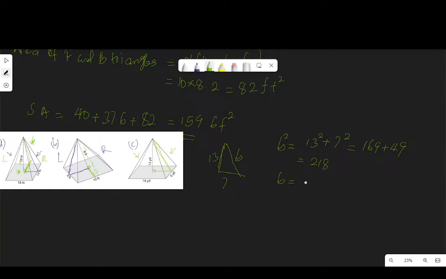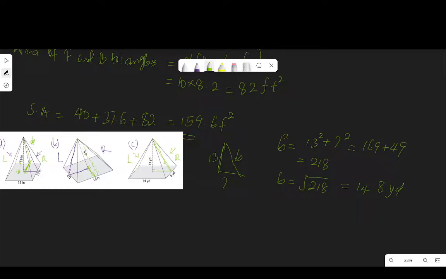That means B is the square root of 218, which is 14.8 approximately. The height of the left and right triangle is 14.8 yards.